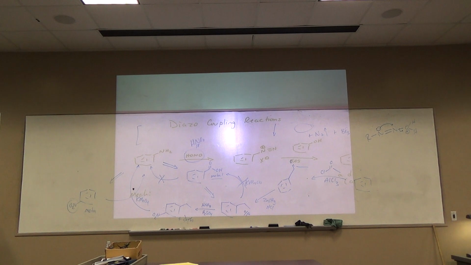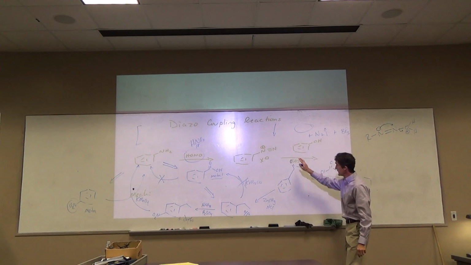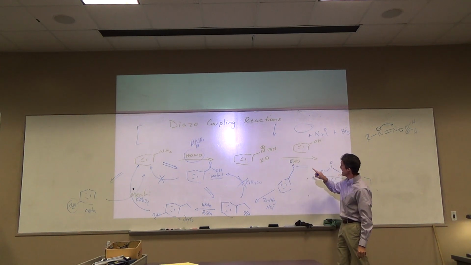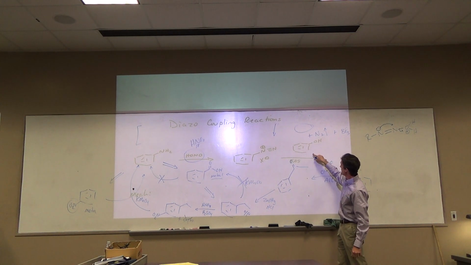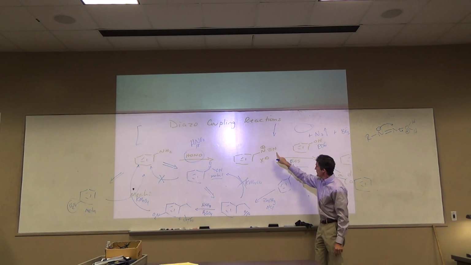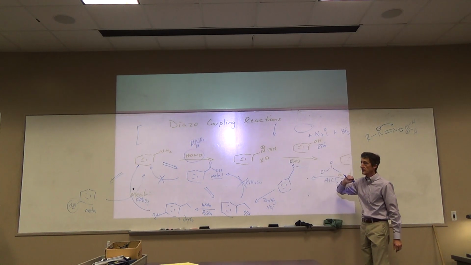Diazonium. Another reaction of diazoniums, other than replacing the nitrogen, is you can actually do a reaction where it remains there. And you can actually do an EAS. If you bring in another ring with an electron donating group, usually you can get what's called a diazo-coupling reaction.